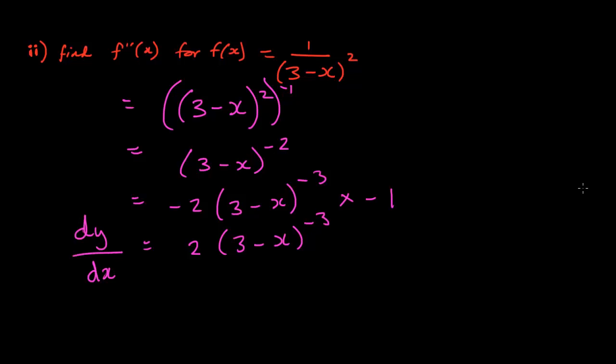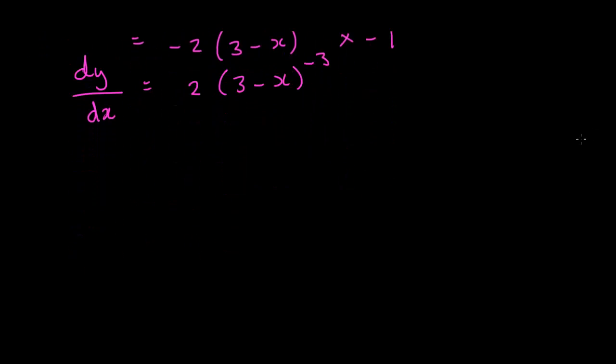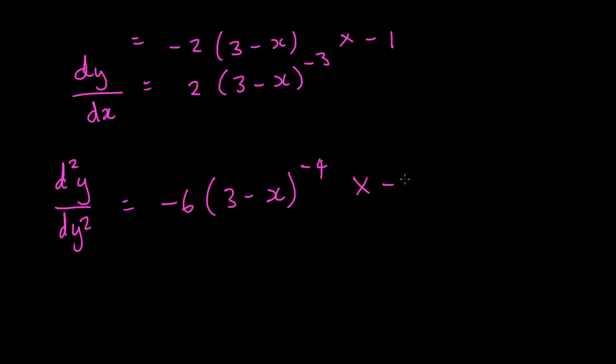We still haven't found the second derivative, so we can do that now. We have to find d2y over dx squared. Negative 3 comes in front, we get negative 6 (3 minus x) to the negative 4, times negative 1, we end up getting 6 (3 minus x), and that's still to the negative 4.